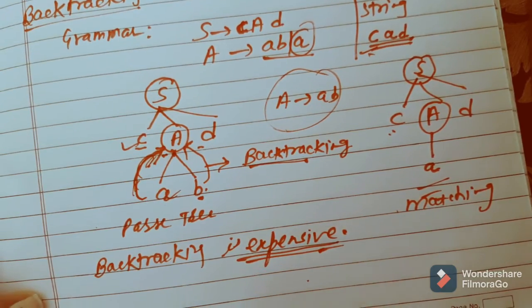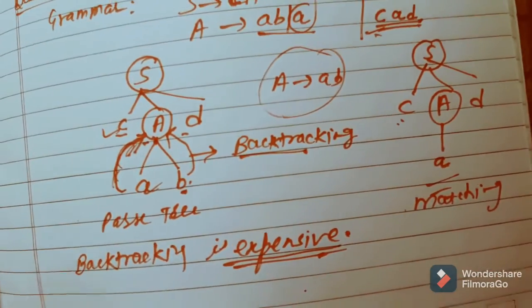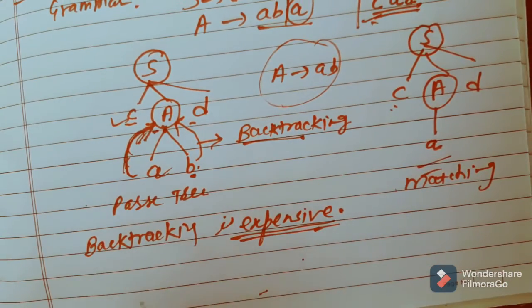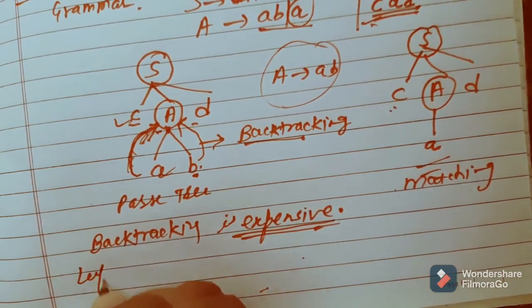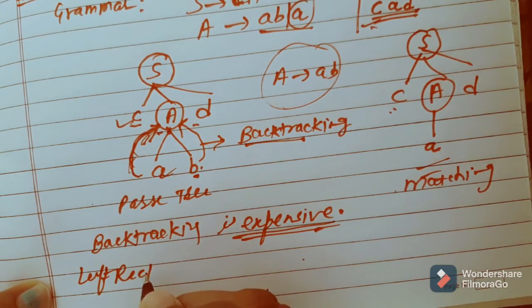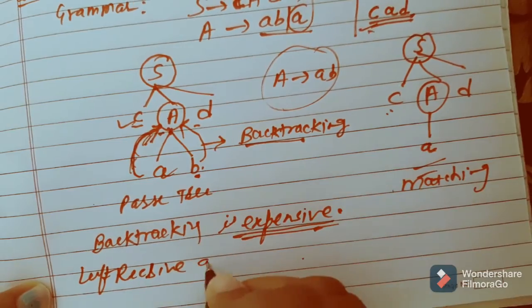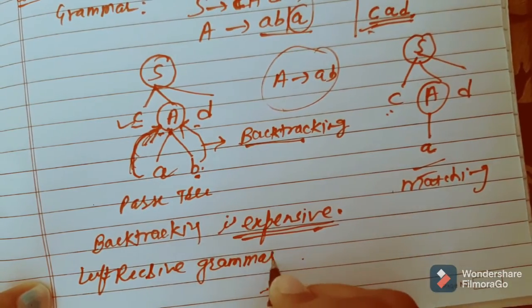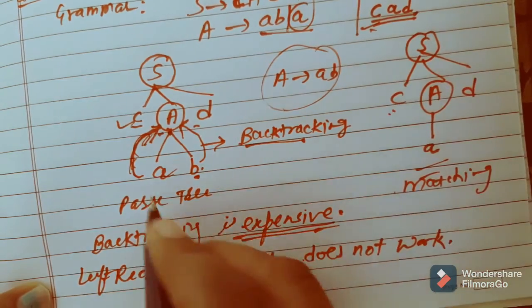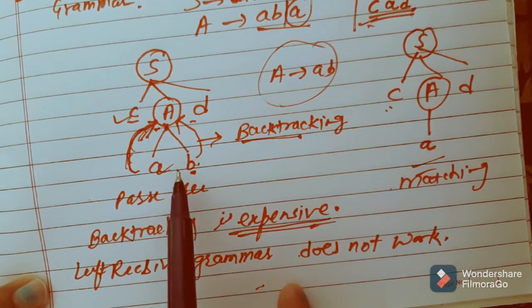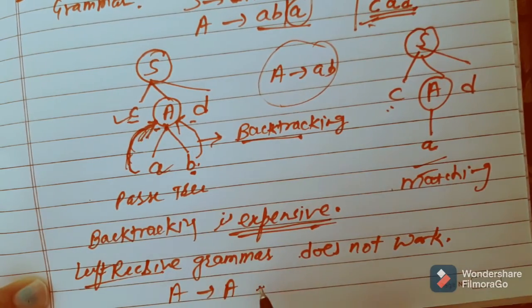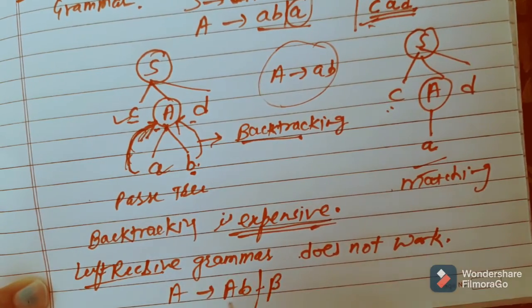That's why we go for another option to design the top-down parser. As well, a left recursive grammar does not work. Why? It is very clear from this structure. Left recursive means A tends to A, B, beta.